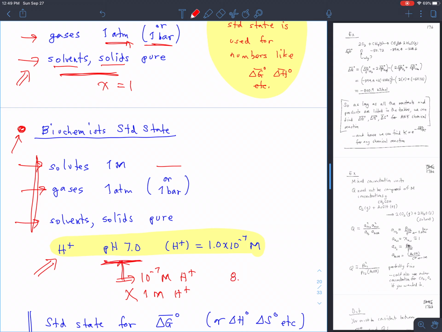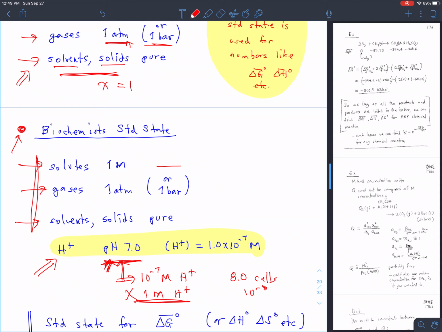It's usually around 8 or so inside cells. So that's 10 to the minus 8 molar H+. Pretty much, pH 7 isn't really the condition inside cells, but it's in the ballpark, and way closer to cellular conditions than 1 molar H+ would be.